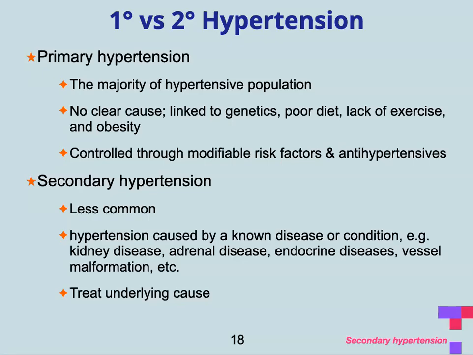Now, hypertension can come from a wide range of causes, and these causes can, generally speaking, be classified under either primary hypertension or secondary hypertension. Now, 90% of cases, or 90+% of cases of hypertension are primary hypertension. That means most people who have hypertension have primary hypertension, also called essential hypertension. This type of hypertension is multifactorial in cause.